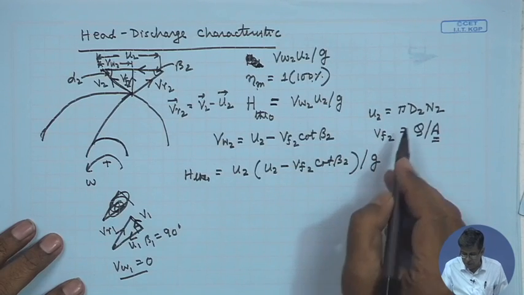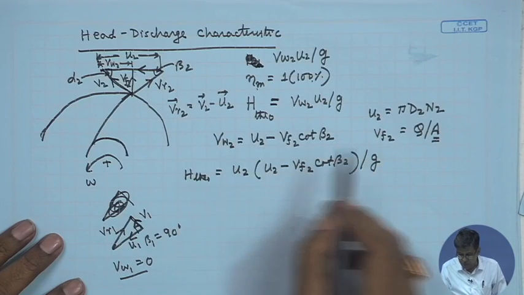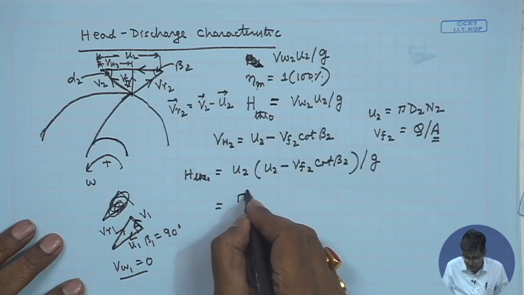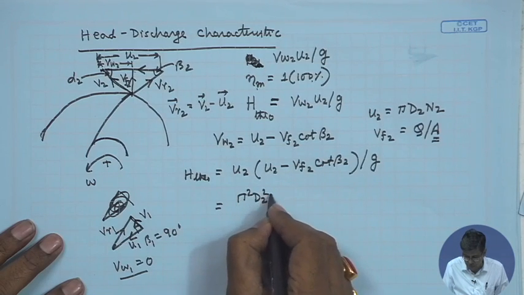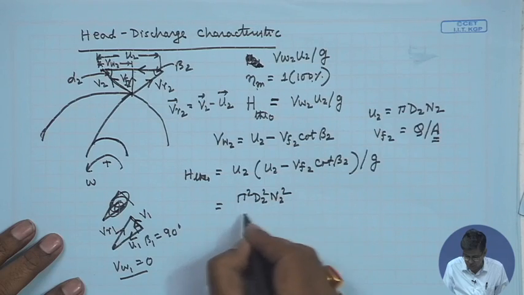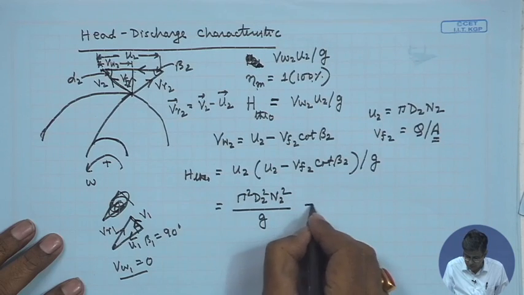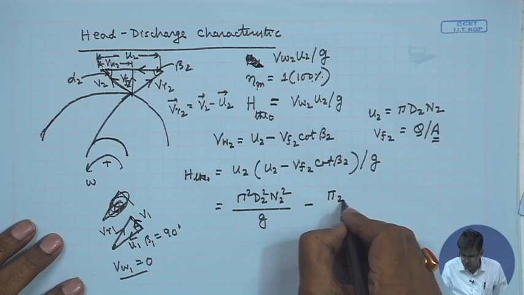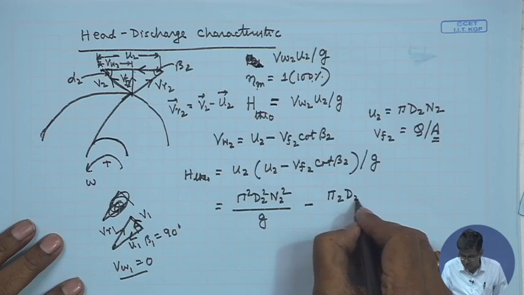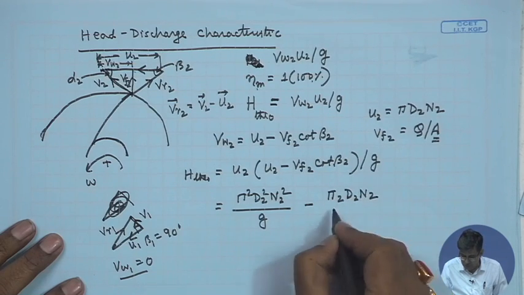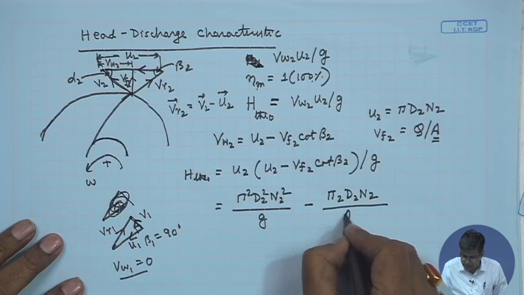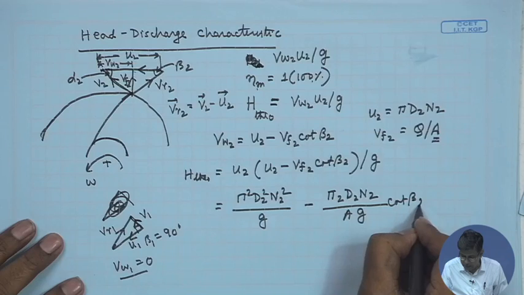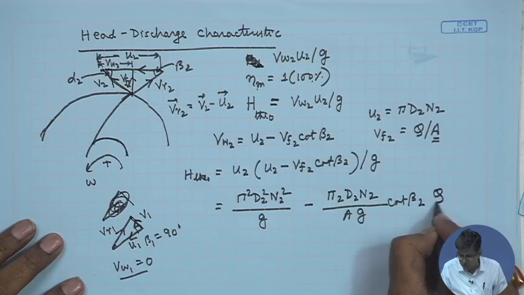Now, if we put these values of U2 and Vf2, we get pi square d2 square n2 square by g minus pi d2 n2 divided by A g, cot beta 2 into Q.